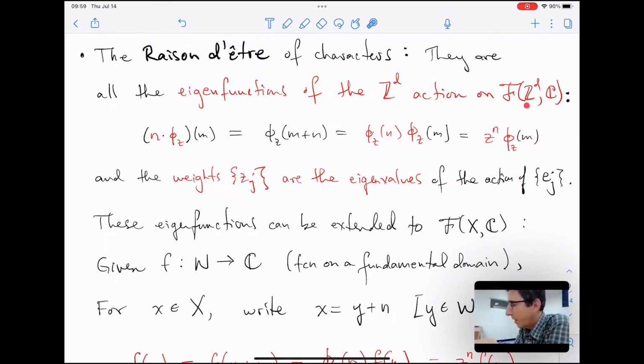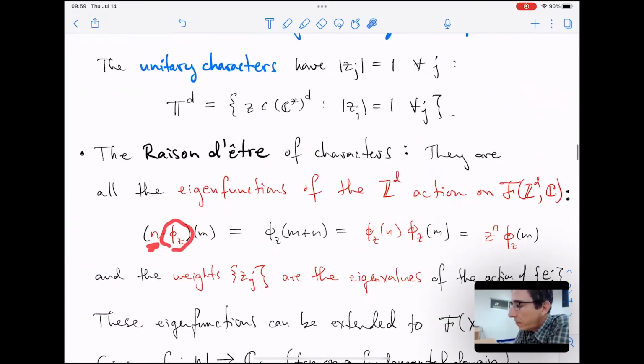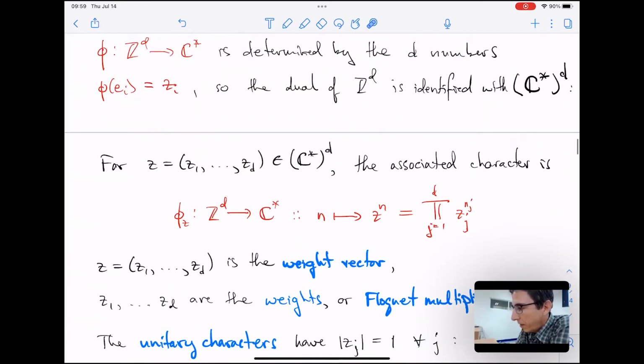So I can take functions on Z^d to the complex numbers, let's say. Characters are functions from Z^d to the complex numbers, not including 0, but they do go to the complex numbers. Now look, I'm going to take the action of n on a character. Remember that the character phi_z takes n to z to the n.